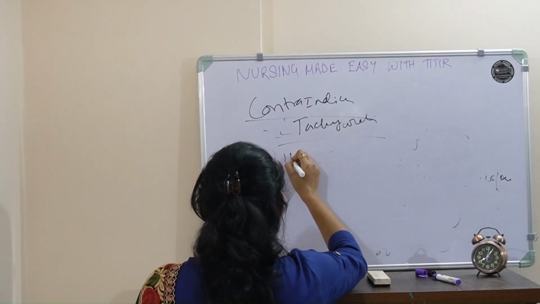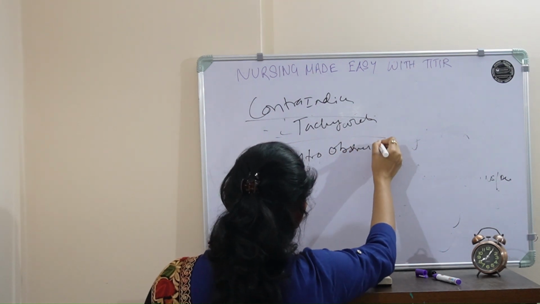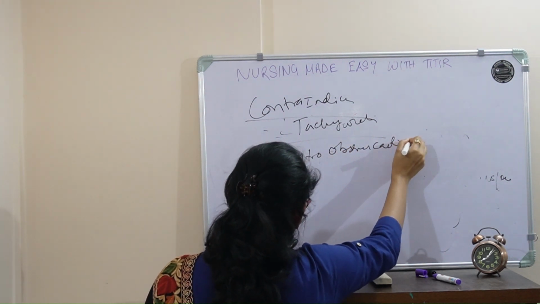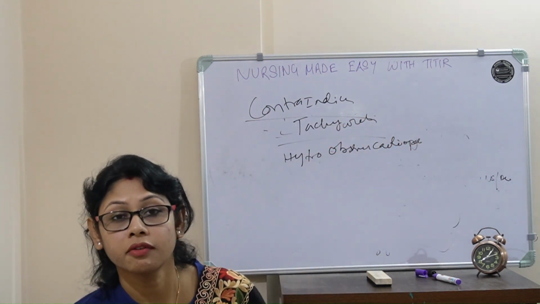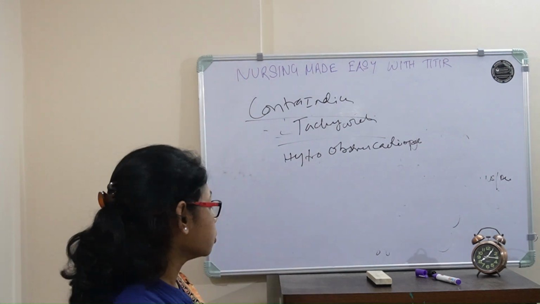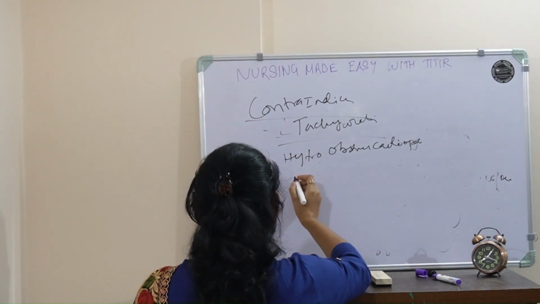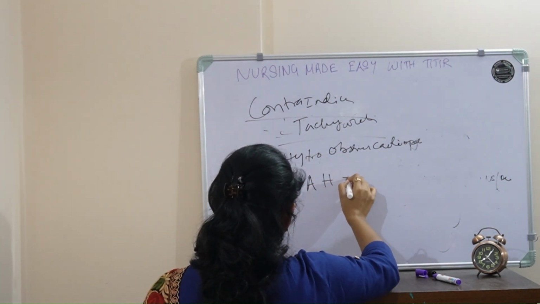Next is hypertrophic obstructive cardiomyopathy. If the heart muscle is unable to pump and we give dobutamine, there is a chance of cardiac arrest also. Last is pulmonary artery hypertension.